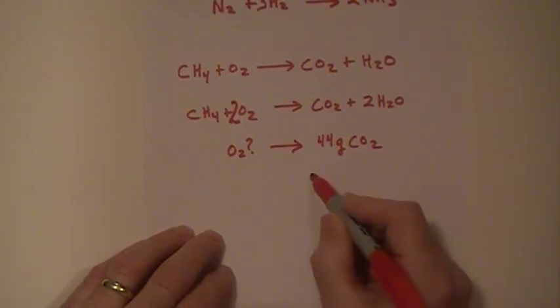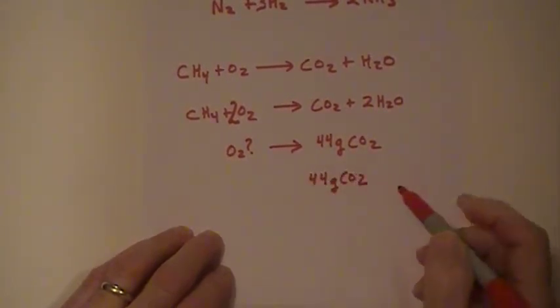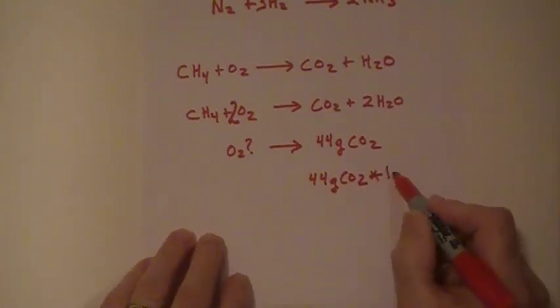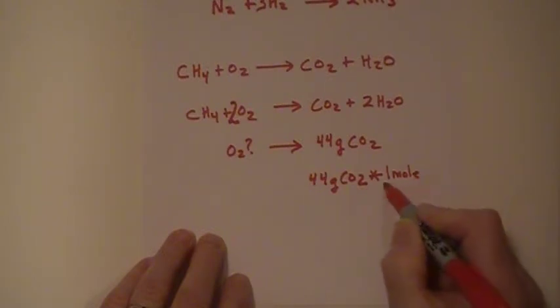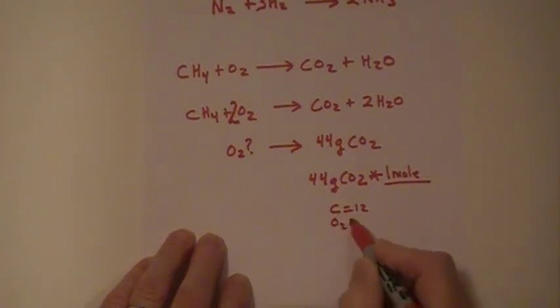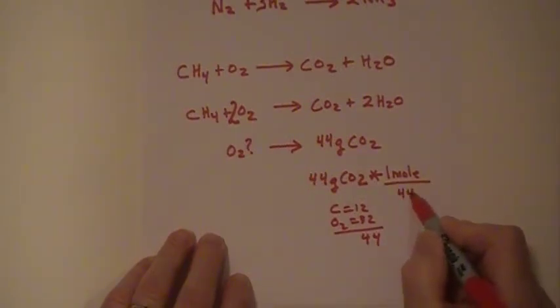Well, 44 grams of carbon dioxide is how many moles? There's 1 mole of carbon dioxide. It turns out that carbon is 12, 2 oxygens is 32. There's 44 grams of carbon dioxide in 1 mole.